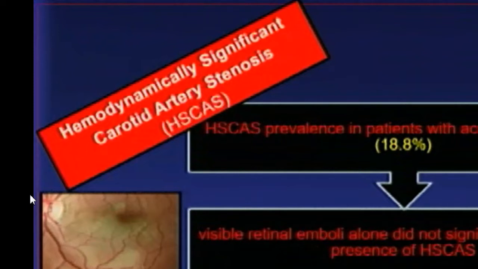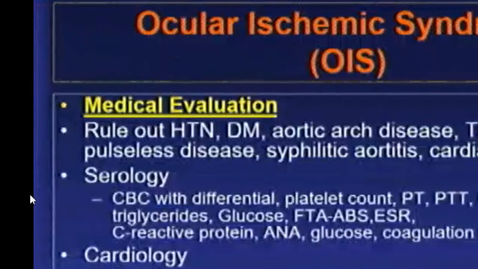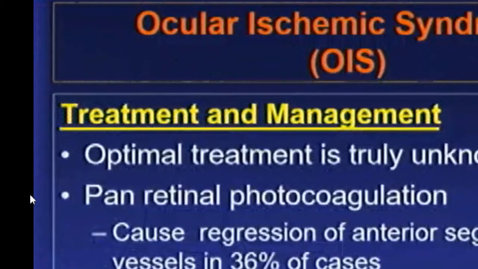In all patients with branch and central retinal artery occlusions, we have to do carotid Doppler. Medical evaluation is important, as we mentioned, for central retinal artery occlusions and others, and to look for carotid Dopplers, carotid angiography, or MR angiography is important in these patients.